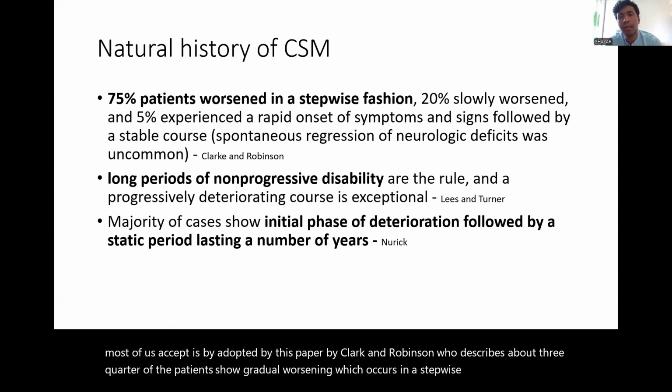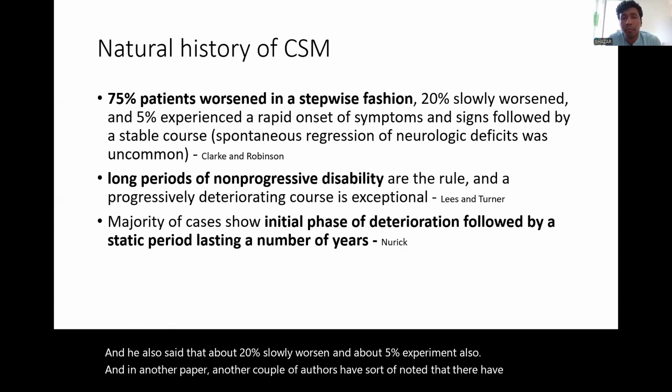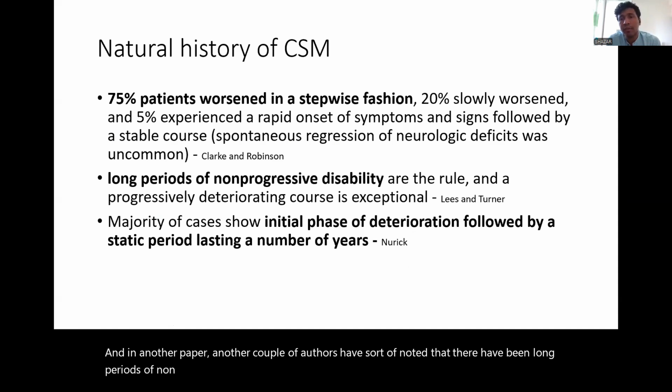He also said that about 20% slowly worsen and about 5% experience rapid onset. And in another paper, other authors have noted that there will be long periods of non-progressive disability, which may be the rule, and a progressively deteriorating course was the exception.